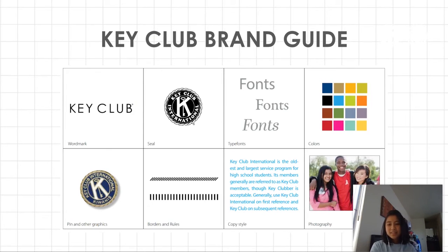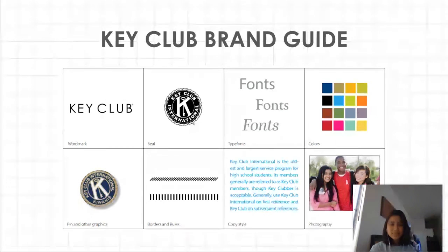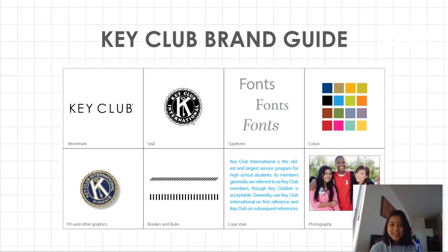The Key Club brand guide is basically a 40-page PDF that outlines standards for making graphics in KIWIN'S. For example, there's certain fonts you need to use. There's a color palette. There's rules to how to use the logo.